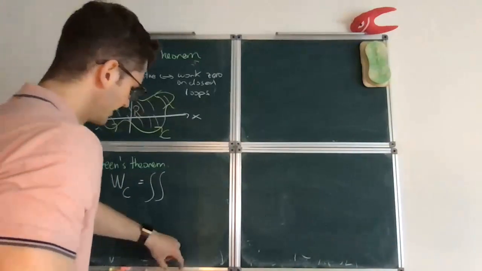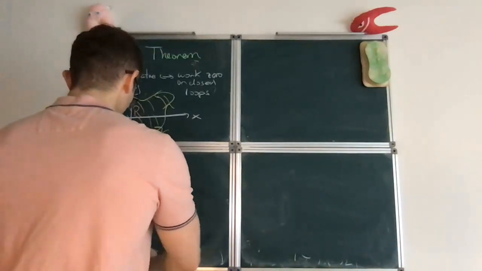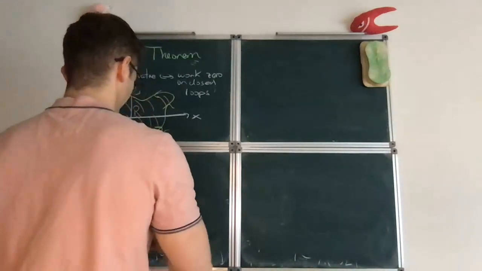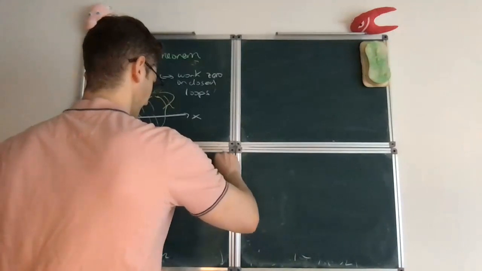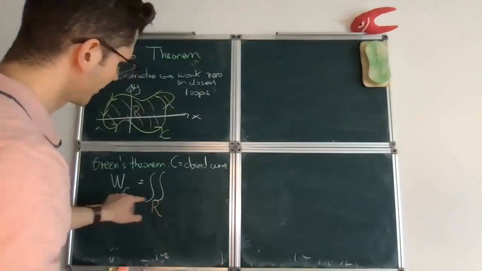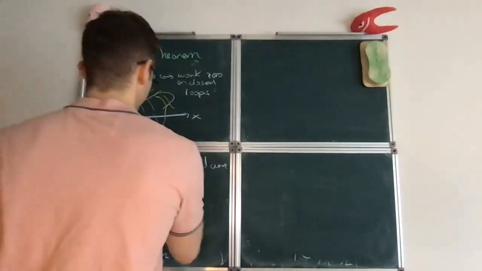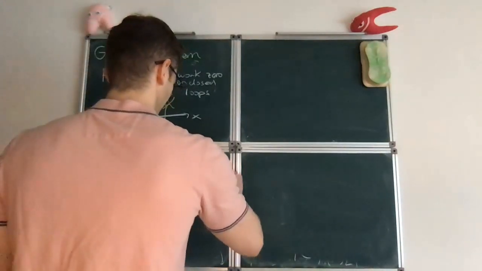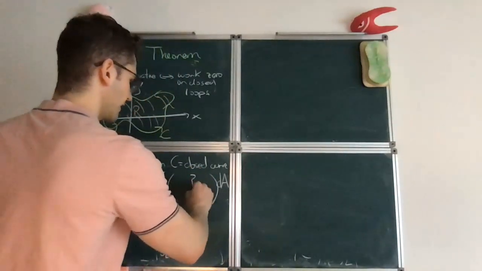But what Green's theorem says is that if you have a closed curve, then the work along the curve is the same as a double integral over this region of something. And so this is what we have to find out.